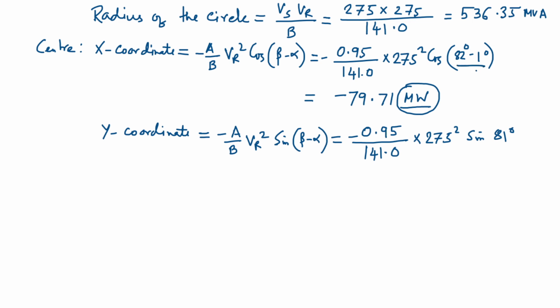Why 81? Because beta minus alpha is 82 minus 1. So it comes out as minus 503.26. Now this time the unit should be megavar because it is the y coordinate.